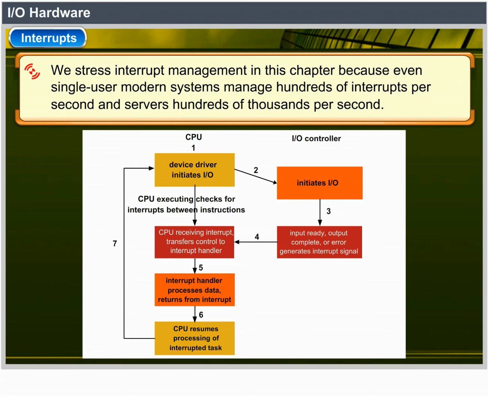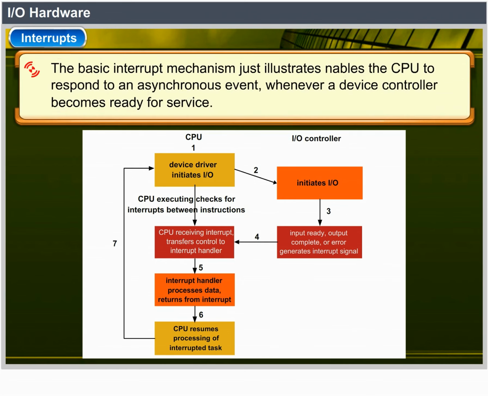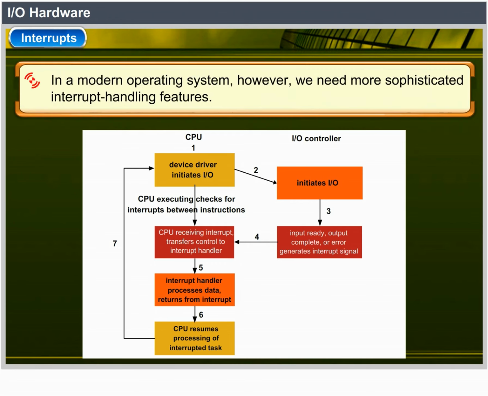The basic interrupt mechanism just described enables the CPU to respond to an asynchronous event, as when a device controller becomes ready for service. In a modern operating system, however, we need more sophisticated interrupt handling features. We need the ability to defer interrupt handling during critical processing.